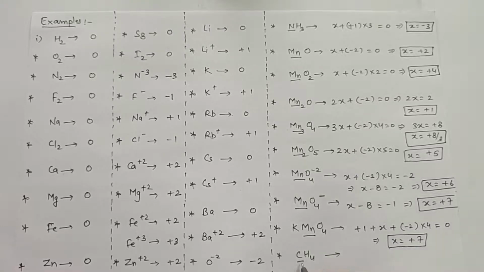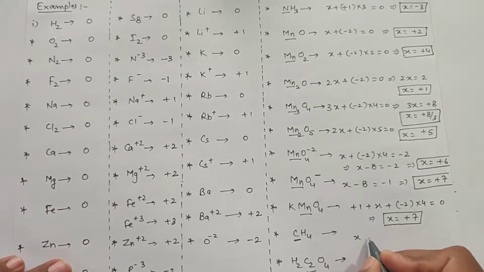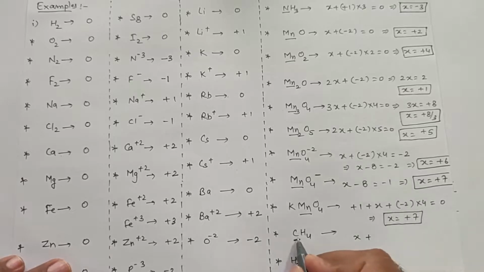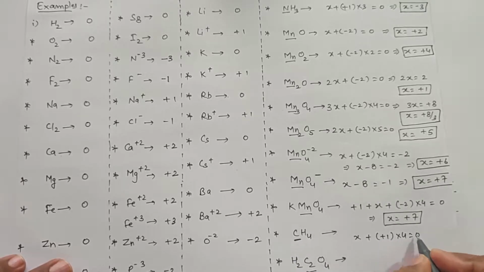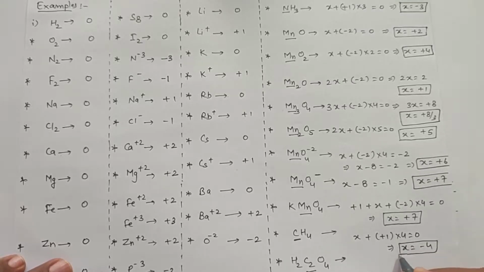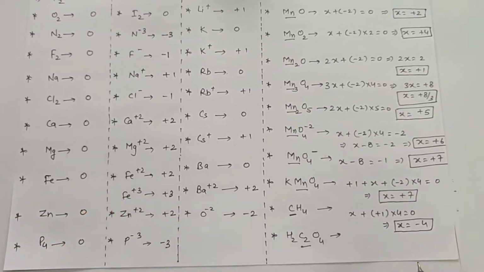CH4, we need to calculate the oxidation number of carbon. X plus, carbon being a non-metal, hydrogen will have positive oxidation state, plus 1 into 4 equals 0. It will give x equals minus 4. H2C2O4.